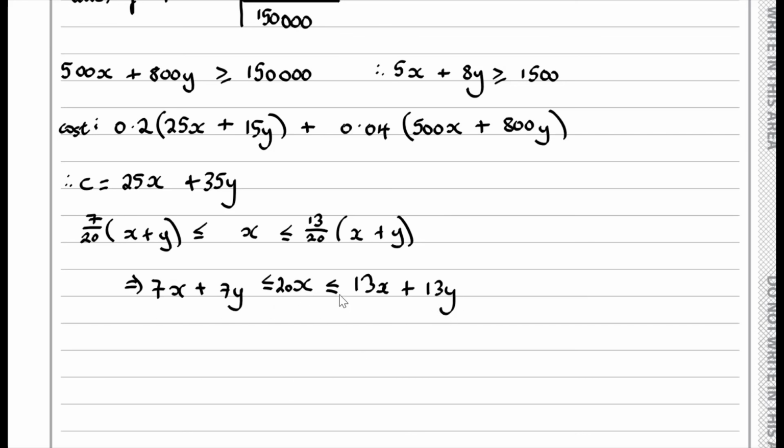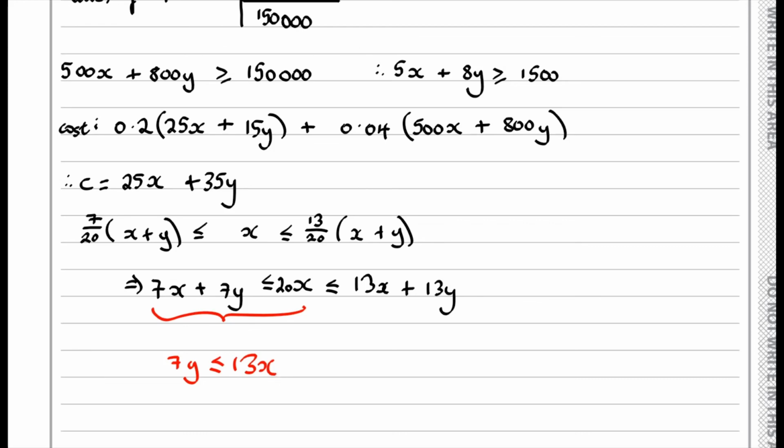And if we split these inequalities into two separate parts, if we first of all split the inequality like this, taking 7x from both sides, you'd see that 7y is less than or equal to 13x.